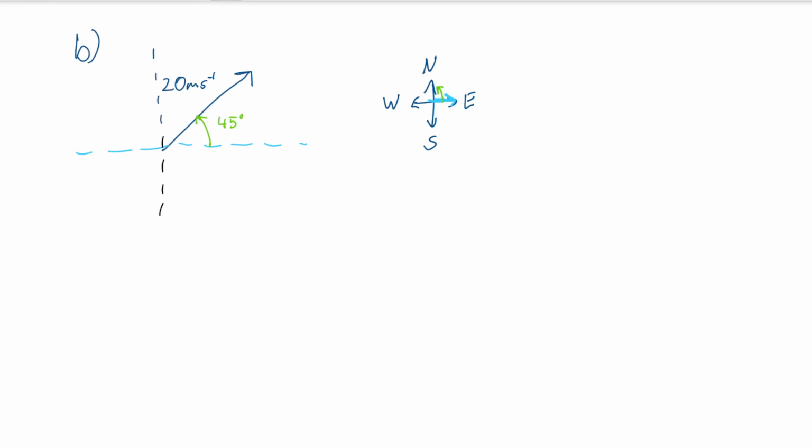So to make up this vector, we need part of it to align with the horizontal and part of it to align with the vertical. In other words, we're splitting up this vector into two directions, which makes calculations, for example in kinematics, a lot easier when you can deal with one dimension at a time.